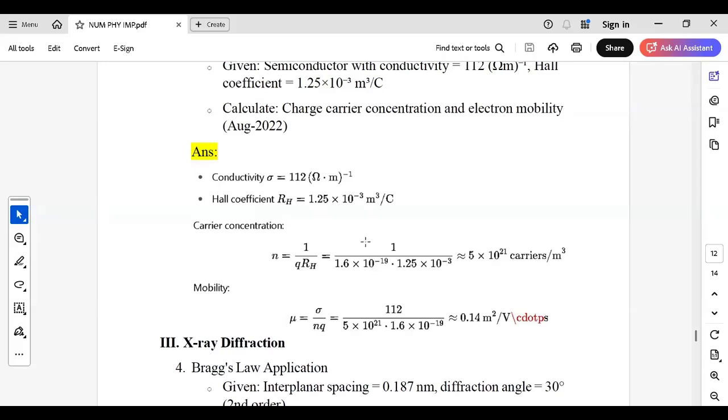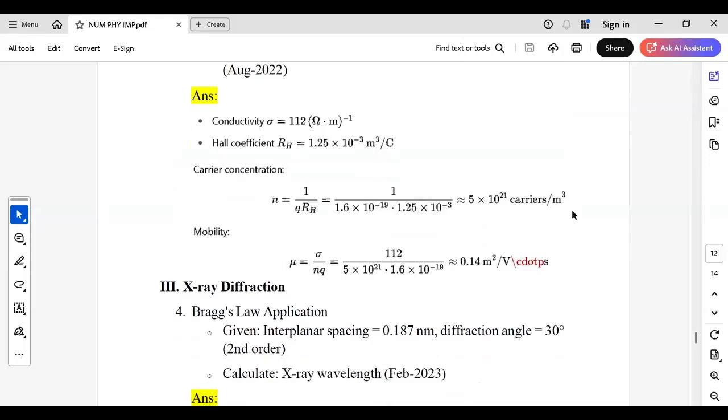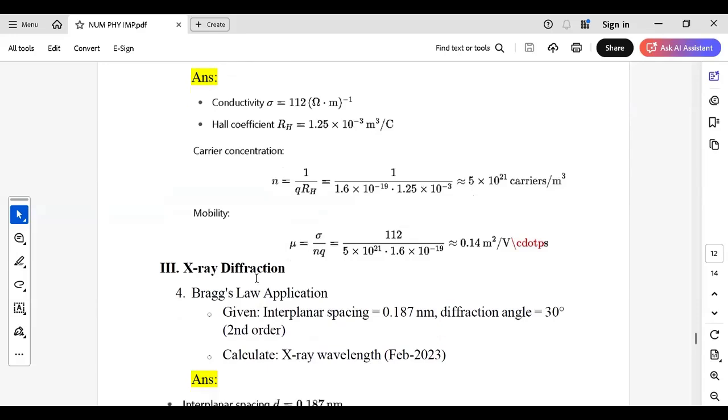Charge of electron, 1.6 into 10 to the power minus 19. Substitute the values, and you will get 5 into 10 to the power 21 carriers per meter cube. Next, mobility. Mu is equal to sigma divided by NQ. Once you substitute all these values, you will get 0.14 meter square per volt second.